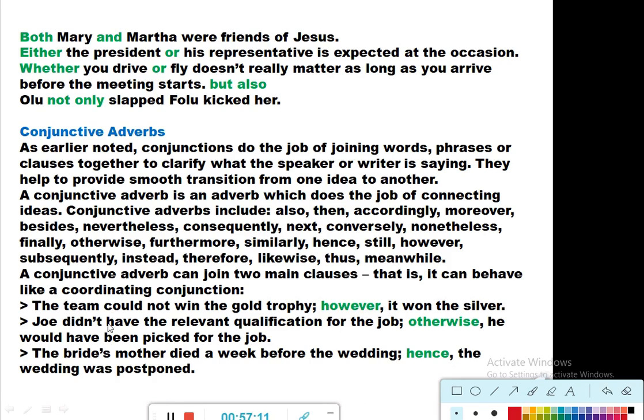Another example, John didn't have the relevant qualification for the job, otherwise he would have been picked for the job. Otherwise is the conjunctive adverb here. Next example, the bride's mother died a week before the wedding, hence the wedding was postponed. Hence is the conjunctive adverb.